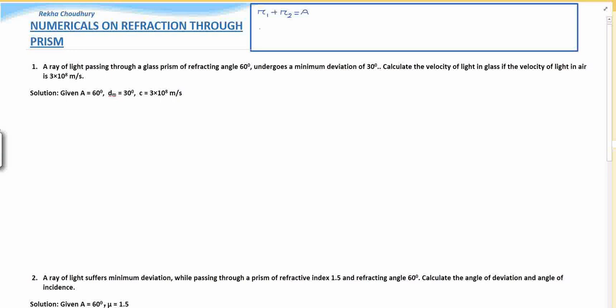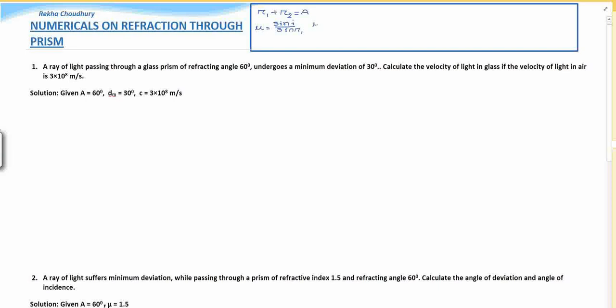Again we know that mu is equal to sin i divided by sin r1. This is the refractive index of prism, and this formula is for the refraction at the first face AB, where i is the angle of incidence and r1 is the angle of refraction for the first face.